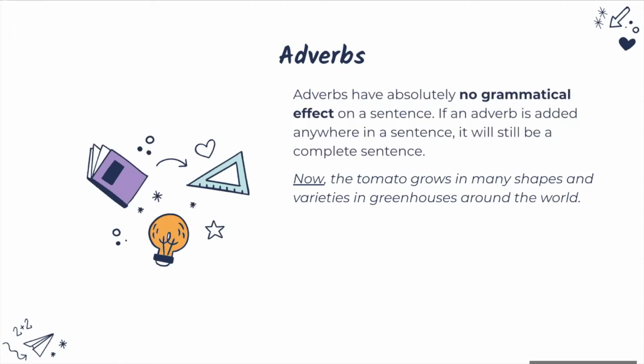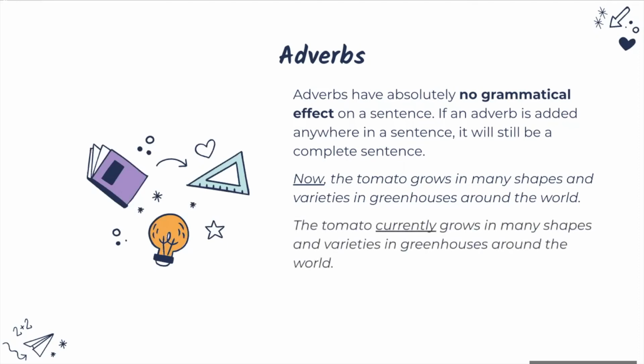Now is the adverb, and as you can see, it's at the beginning of the sentence. Before you added now, you had a complete sentence. When you add now, it's still going to be a complete sentence because, as I said earlier, if an adverb is added anywhere in a sentence, it's still going to be a complete sentence.